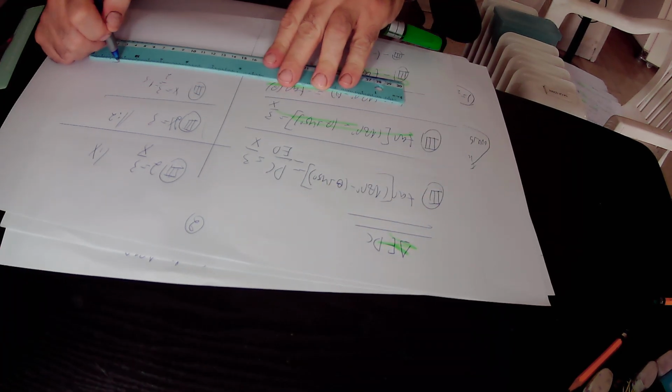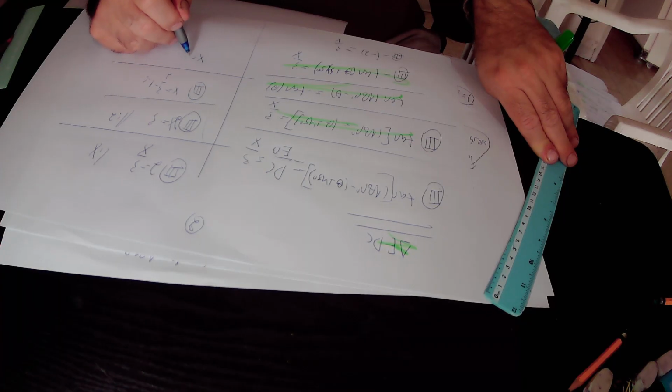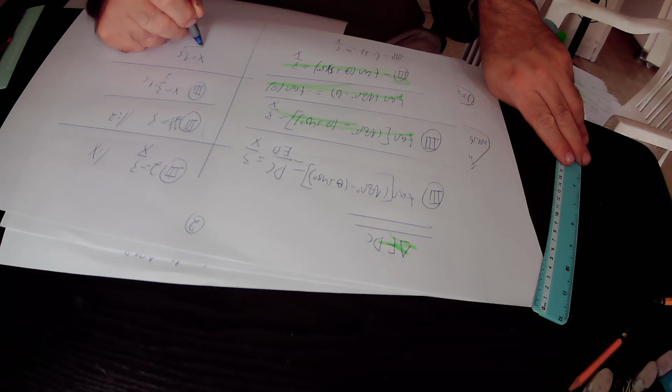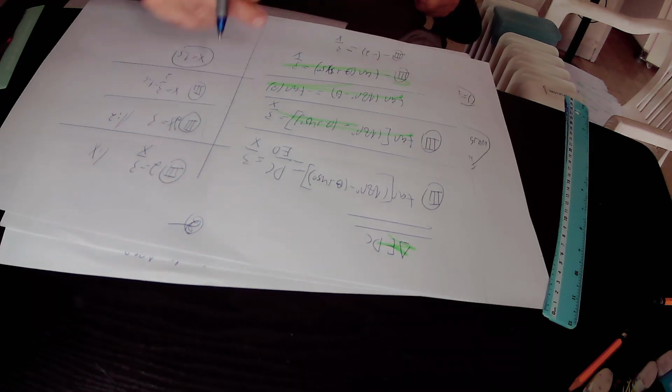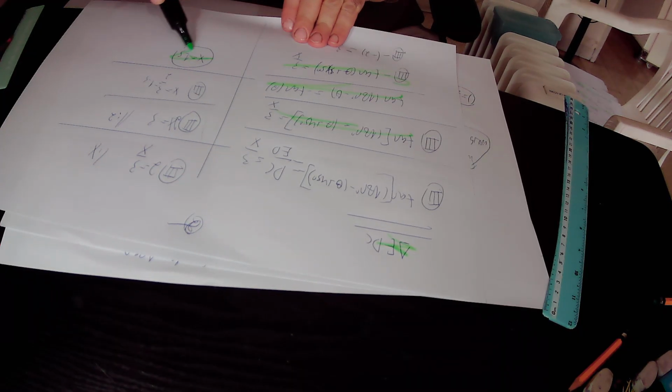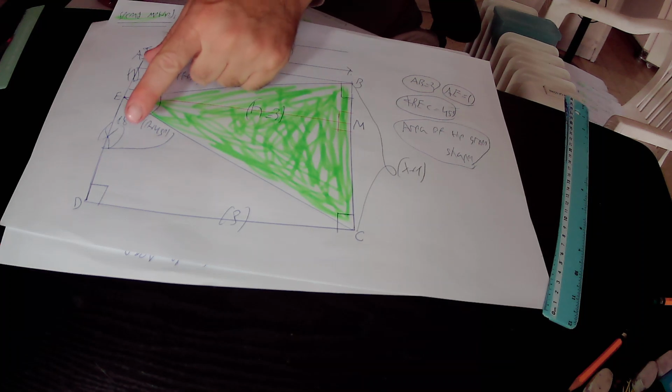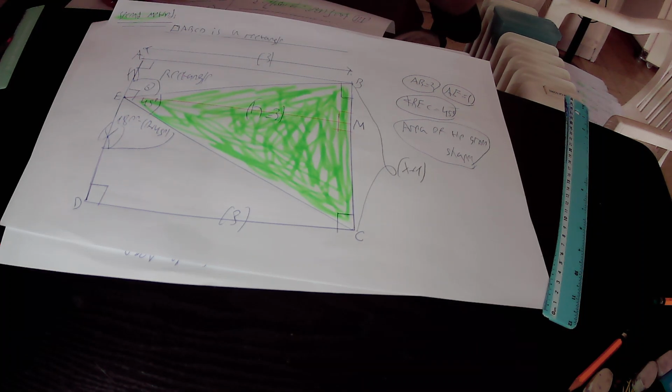So we found that x equals 1.5, that is, ED equals x, which is 1.5 units. Our task is to find the area of this green shape.